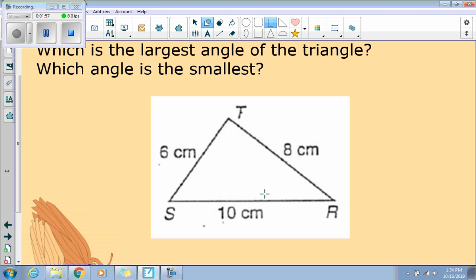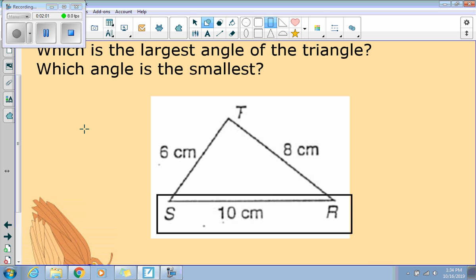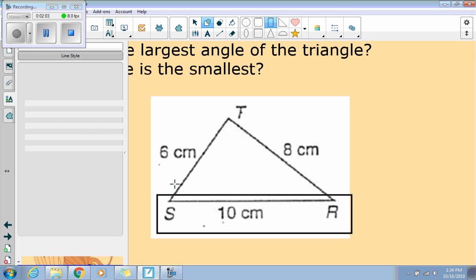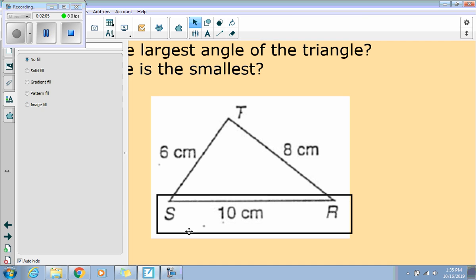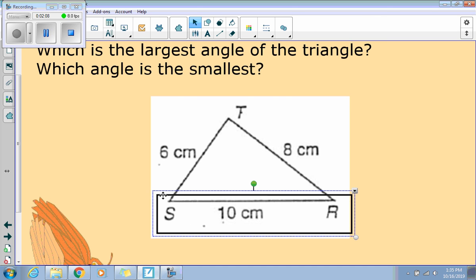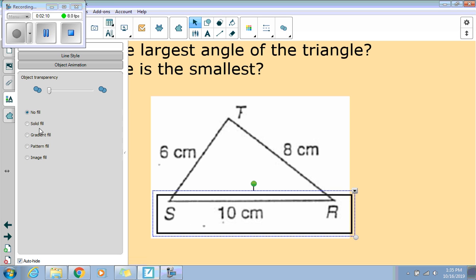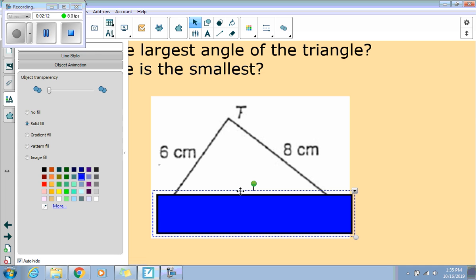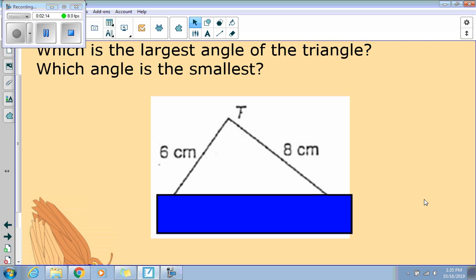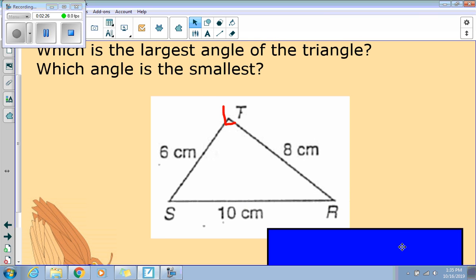If we cover up the biggest side, which is 10, right? So it has a fill here. If I cover up the longest side, the letter that I see last is T. So T is going to be our largest angle, right? And it's across from our biggest side, which is 10.